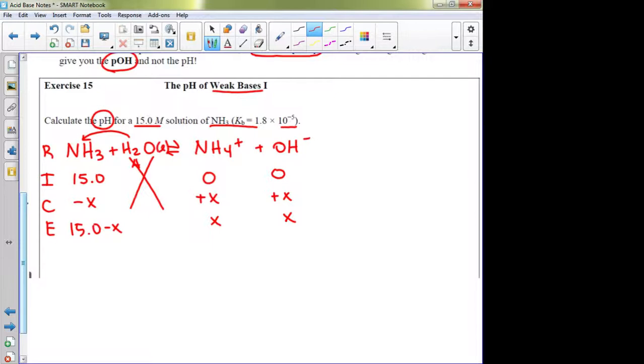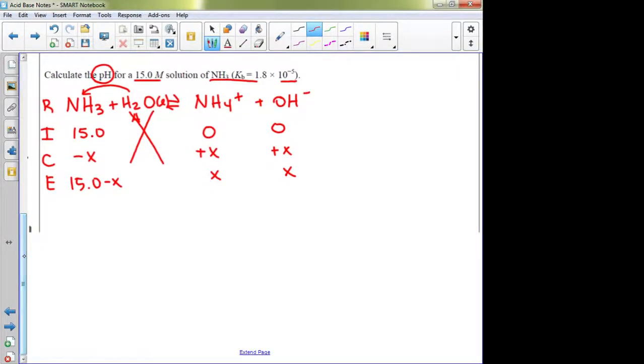What's my next step? Next step is find out. There you go. Plug it into my Kb equation. So I know Kb is going to be equal to the concentration of my ammonium times the concentration of my hydroxide all over the concentration of my ammonia.